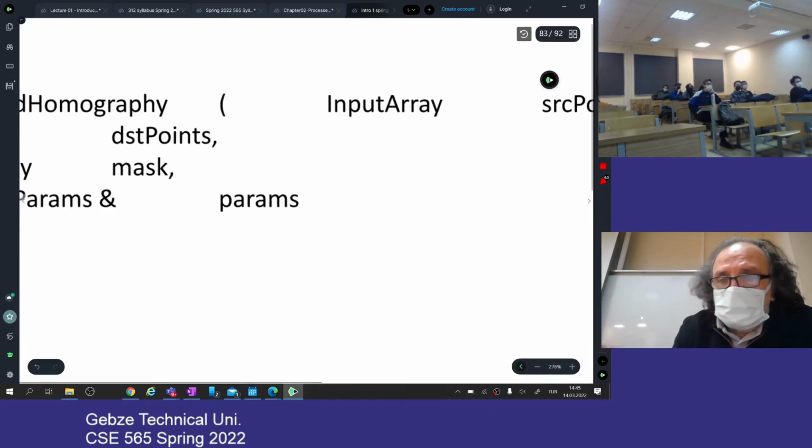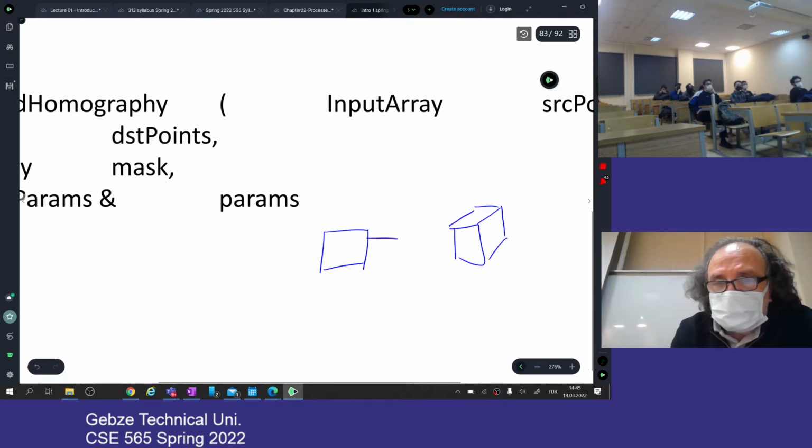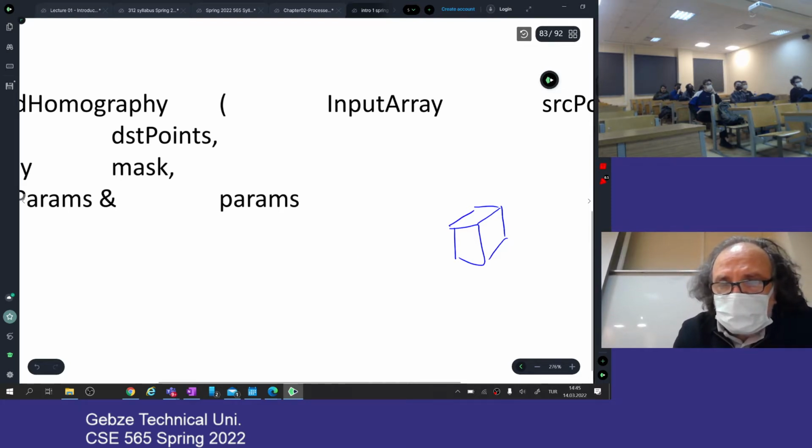This is my real world. In my real world, I have a shape like this, and I have a camera. The camera is looking at this object. This is my image plane. This is my center of projection.